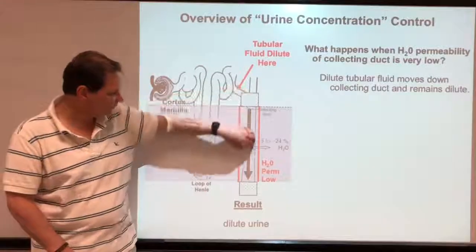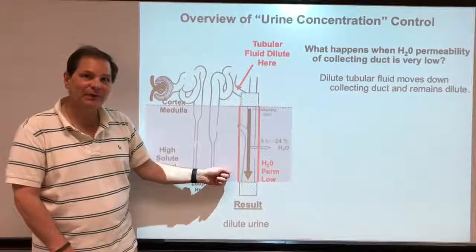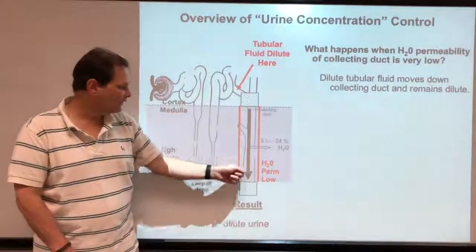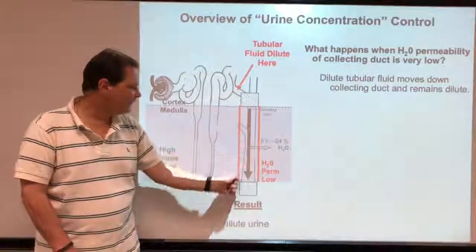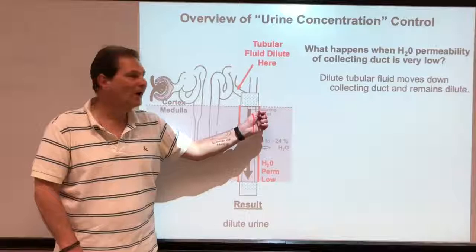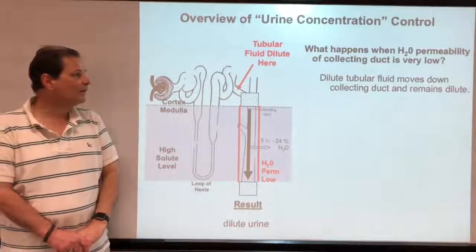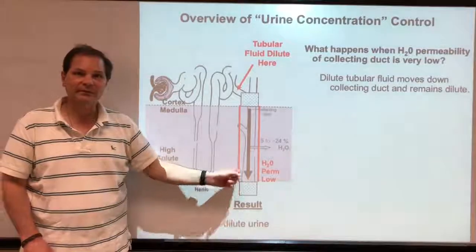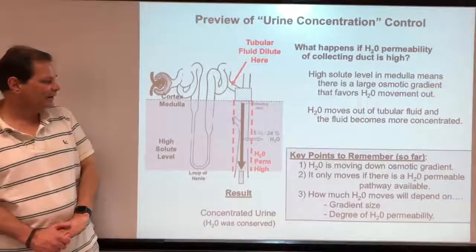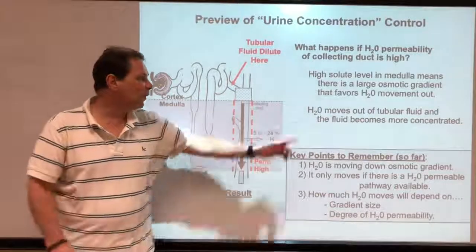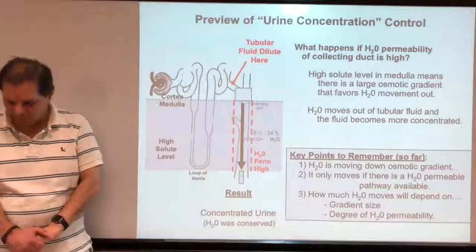So as your tubular fluid goes down here, you have a high osmolarity in the medulla, so there's a driving force for water to go from the tubular lumen to the medulla, but because the membranes are impermeable, the water can't get across, so you get a dilute urine when the water permeability of the walls of the duct is low. If there's a high permeability, now the water can get across, and so you lose water from the tubular fluid and the urine becomes concentrated, okay?